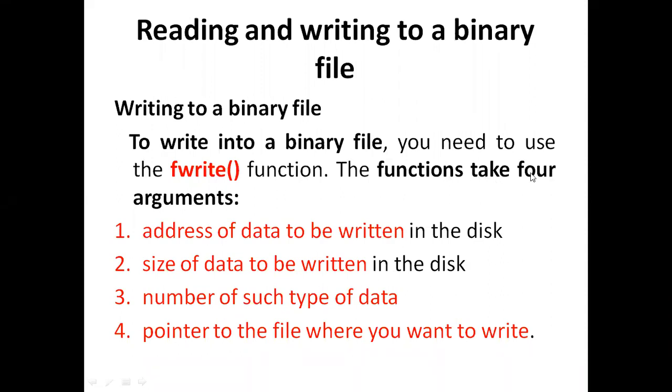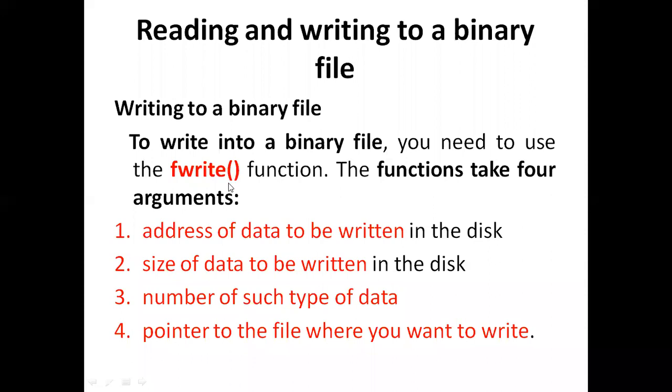The first argument takes the address of the data, and the second argument is the size of the data. Whatever data we want to write, we need to find out its size and send it as the second parameter to fwrite.